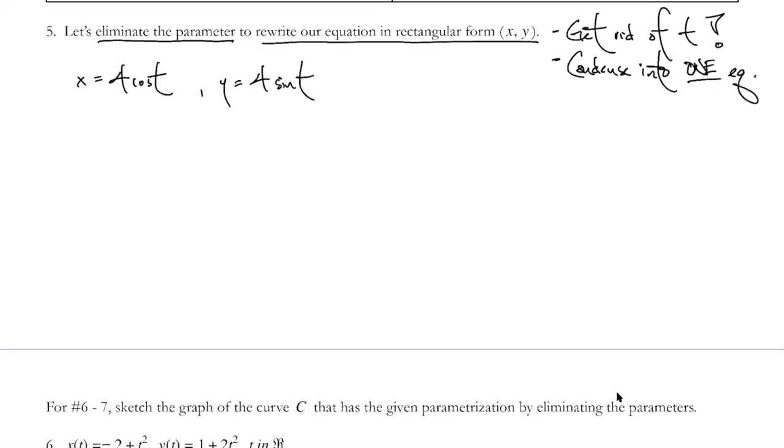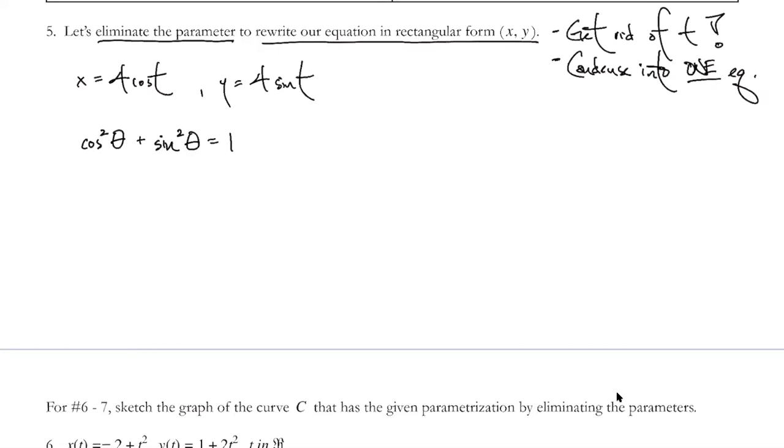All right, but one of the most common identities we learned about was that cosine squared of theta plus sine squared theta equals what? Equals 1, okay? Now this is probably the most common trig identity.